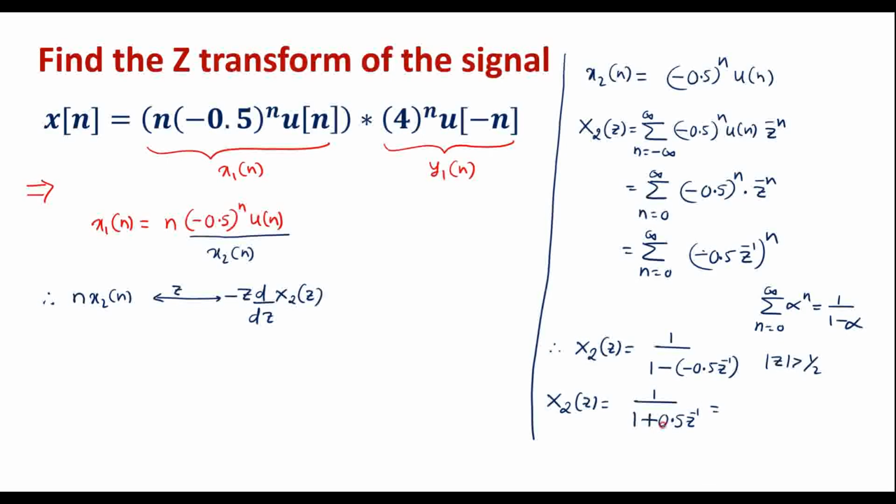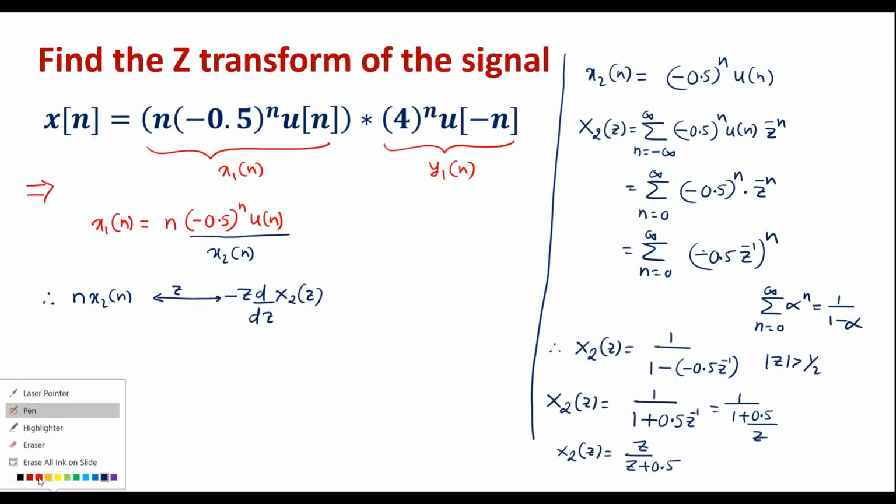So this can be represented as 1 upon 1 plus 0.5 divided by z, or I can write x2 of z is equal to z divided by z plus 0.5.